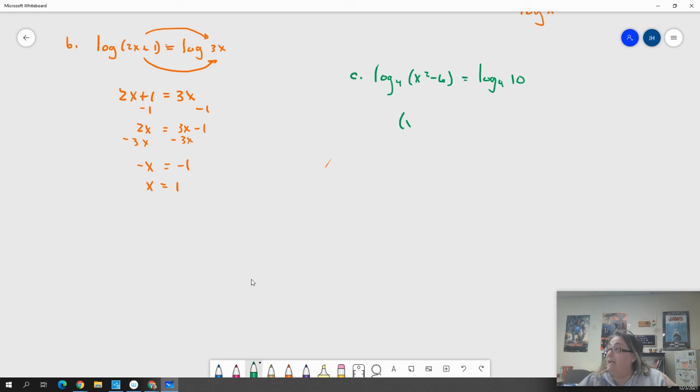So I can say that x squared minus 6 equals 10, right? And then I just have to solve for that: x squared minus 6 equals 10. So I'm going to add 6 to both sides, and I get x squared equals 16. And then I can take the square root of both sides and get x equals plus or minus 4.